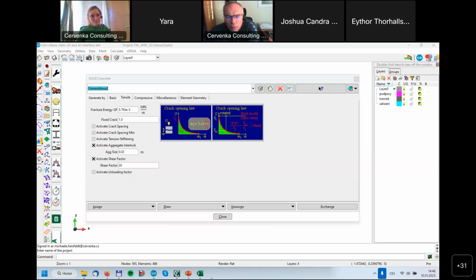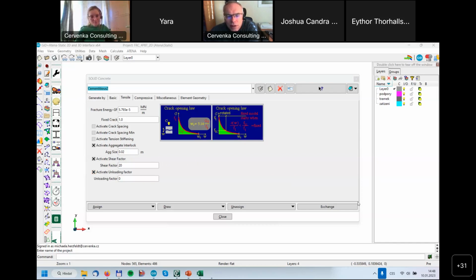Oh, click on Activate unloading factor. Okay, so normally by default it is 0, meaning unloading to the origin. So from this unloading branch, you can determine what the cracking stiffness is, and then we multiply this by this shear factor, and this is what we use for shear.